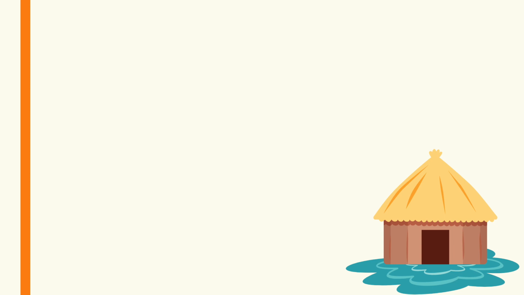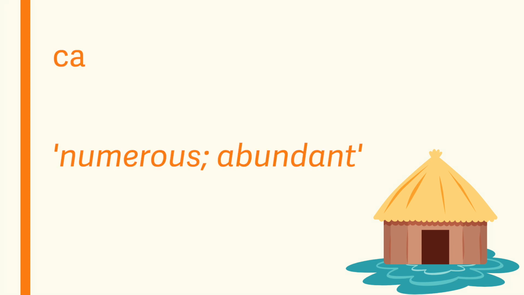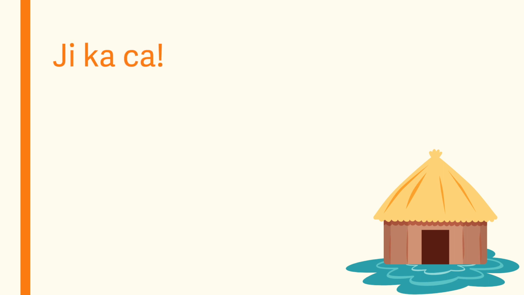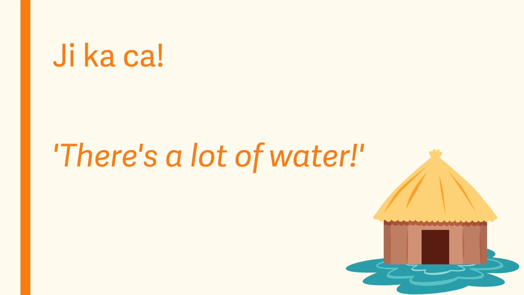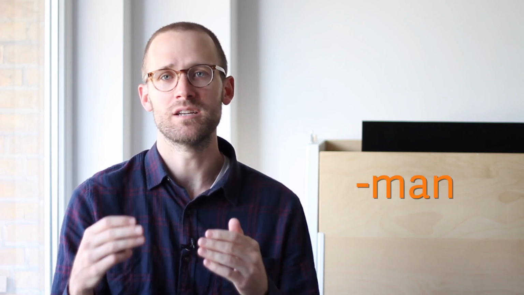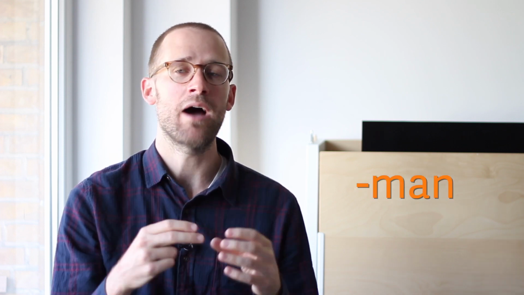You could use the qualitative verb cha, which means numerous or abundant. You might look at all the water and say, ji ka cha, meaning literally, water is abundant, as in, there's a lot of water. But if you wanted to use cha as an adjective, you would need to add man onto it and form a single noun phrase.